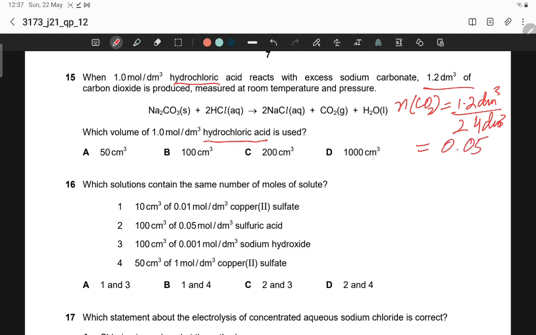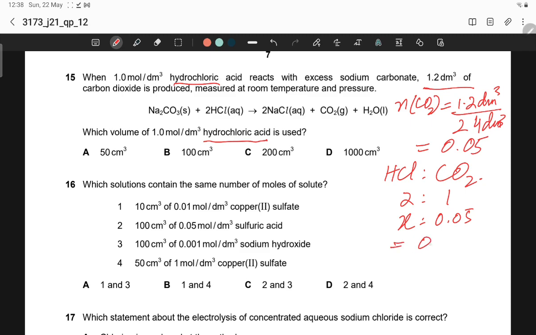And let's find out the mole ratio. Sodium carbonate to HCl is 1:2. For the moles of carbon dioxide, the mole ratio of HCl to carbon dioxide is 2:1, and 0.05 to X. 0.05 into 2 is equal to 0.1.